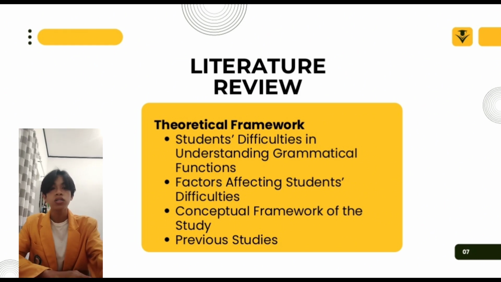Also, errors such as agreement inconsistencies, omission of auxiliary verbs, and misuse of modals indicate that students often understand grammatical form superficially but do not yet understand their actual function in the sentence structure.